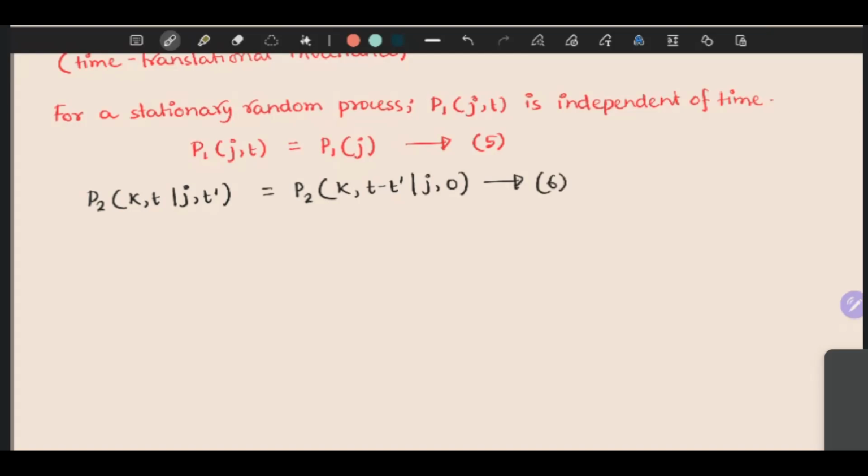So it is only a function of the time difference. You can also write this notation as a new definition, P2(k,t-t'|j). You can also write it like this.